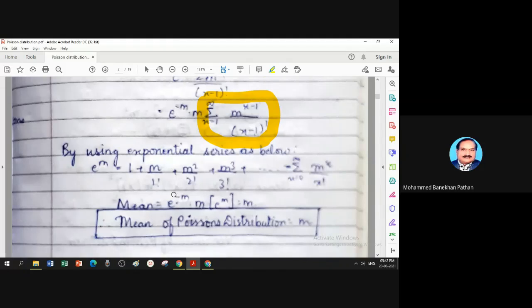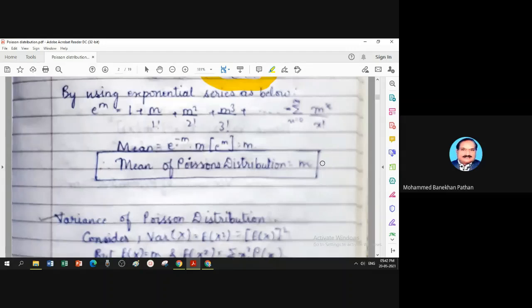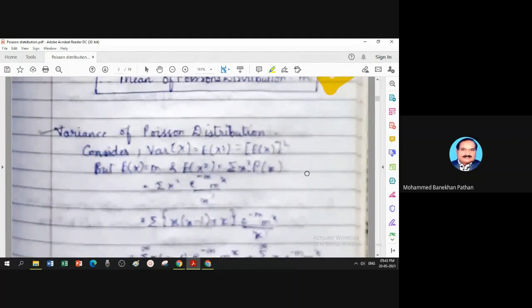So e raised to minus m outside, this m is there, and the answer of this entire yellow marking is e raised to plus m. e raised to plus m and e raised to minus m get cancelled, and the result is m. So what does this derivation teach us? It is useful for your multiple choice questions: the mean of a Poisson distribution with parameter m is the parameter itself, m. Remember this. We proceed ahead.